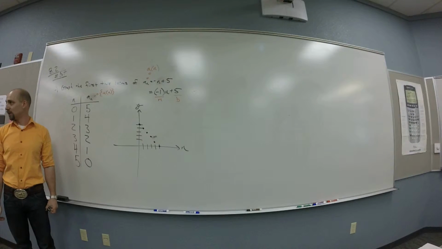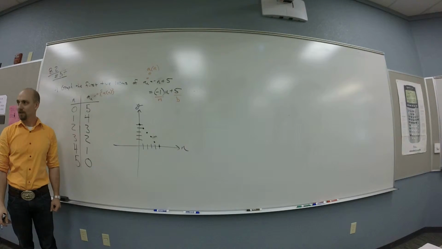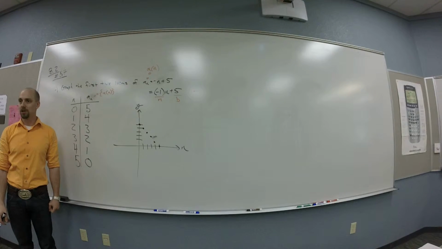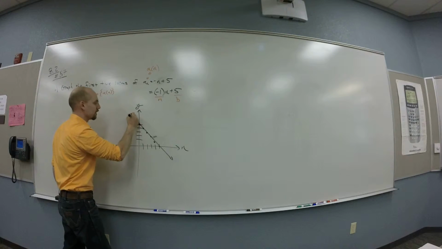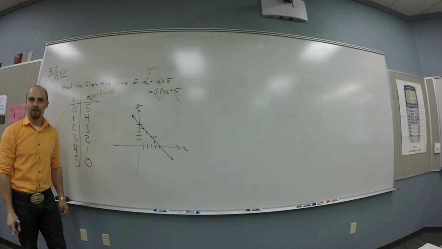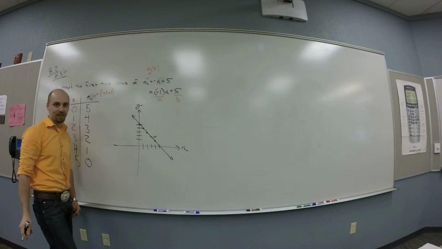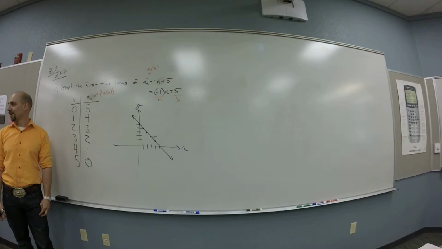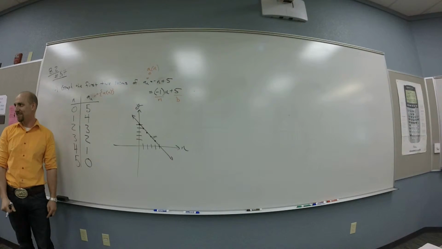You can see my line's a little wobbly. Why is my line a little wobbly? Because my drawing sucks. It's okay, it happens. If I wanted a really good drawing of this, what would I use? A ruler, a computer, graph paper, a calculator, any of those utilities. You'd make the dots bigger and then it would hit the edges at least.